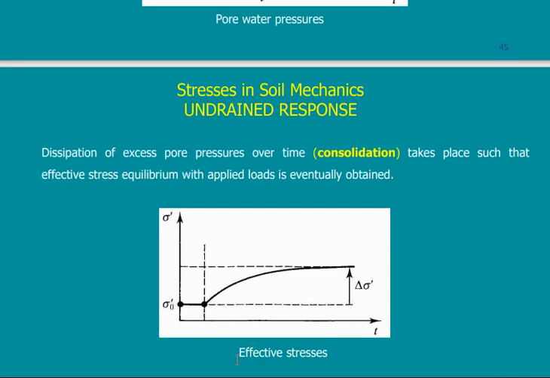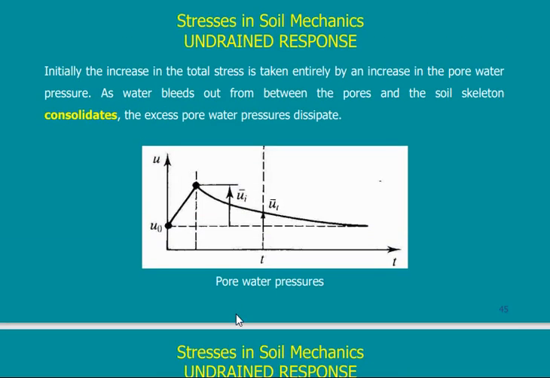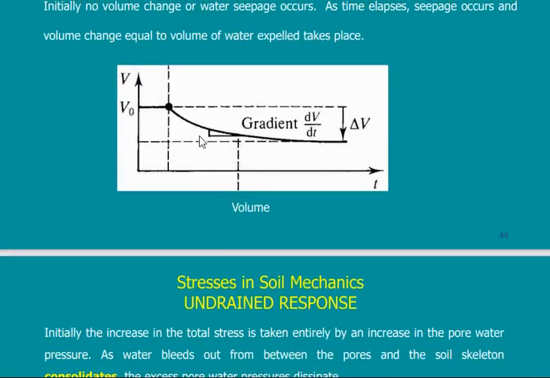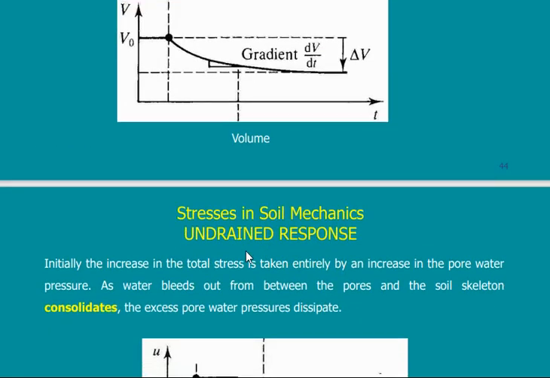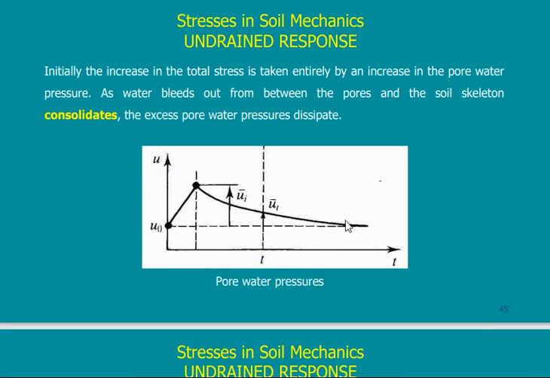Because you remember we said that the effective stress is the difference between the total and water. This is water and this is the total. Just subtract these two graphs from each other. Subtract this one, which is the total stress, minus the pressure of water.